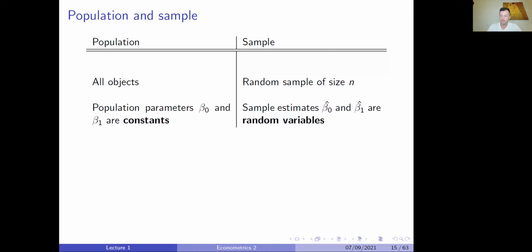That's why. In the population, all other factors are hidden inside the error term, and in a sample, we have another random variable, denoted u hat, which we call the residual. A residual is an estimator of the error term.